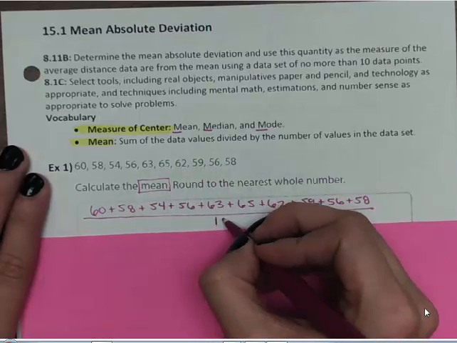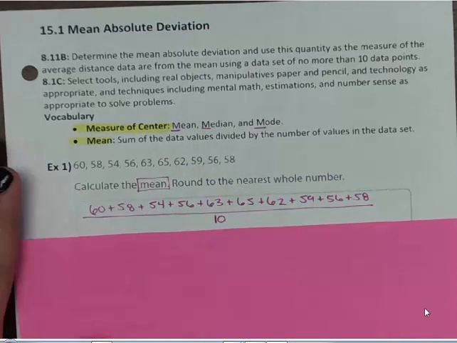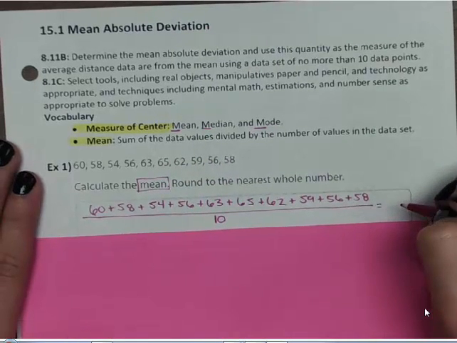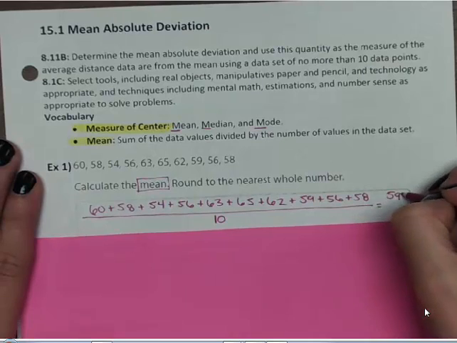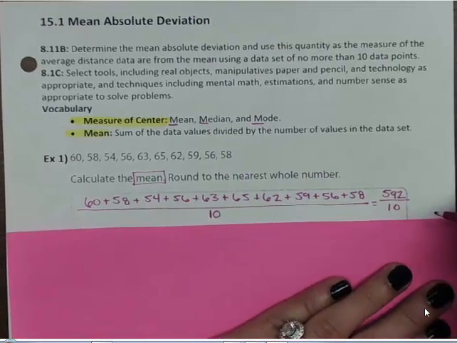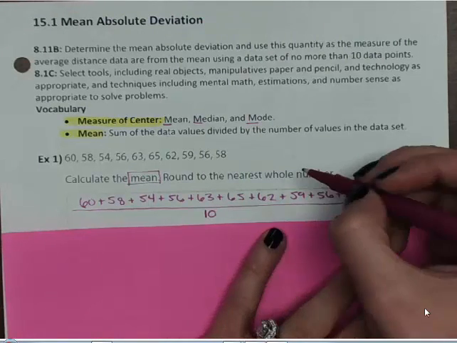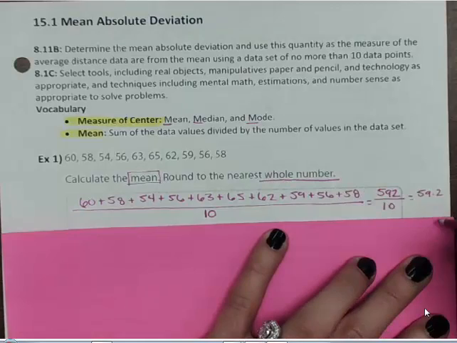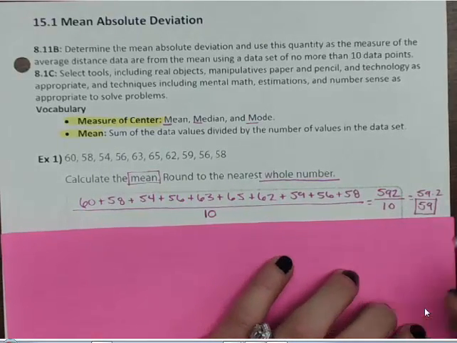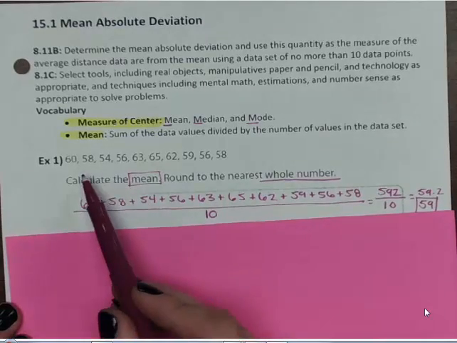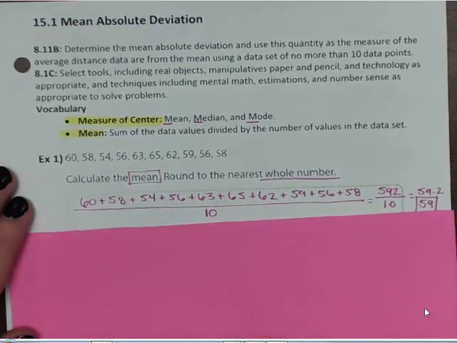So we're going to be dividing by 10. When I use my calculator to add those up, I should get 592 as the numerator. 10 is still the denominator. When I divide that out, I get 59.2, but remember, we want to round to the nearest whole number. So that would actually round to 59. So my mean for this data set is going to be 59.